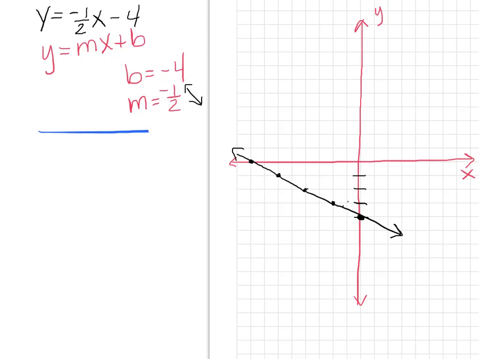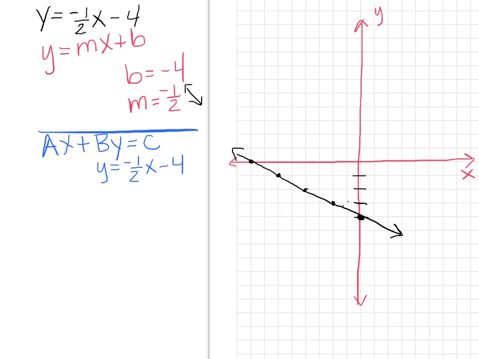And we've talked about standard form a little bit, but standard form has the equation ax plus by equals c, which means that the x and the y are on one side of the equal sign, and the constant is on the other side of the equal sign. So I want to take the equation I was given, y equals -1/2x minus 4, and I want to put it into standard form.